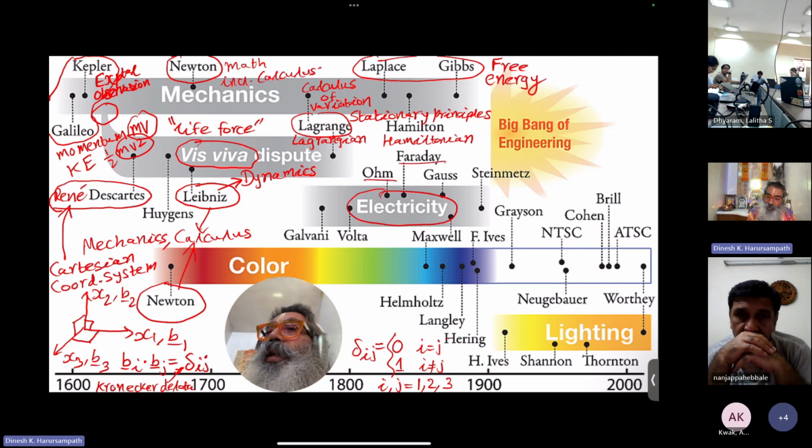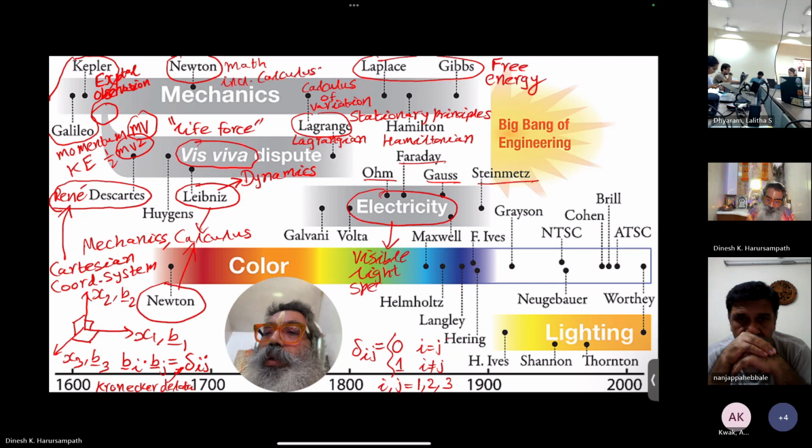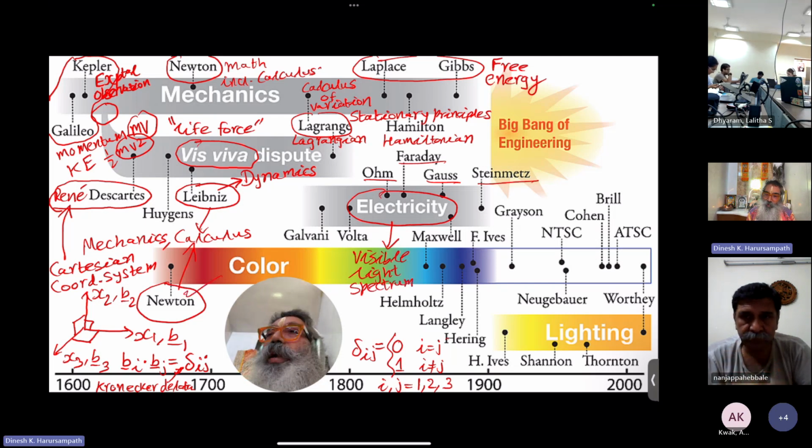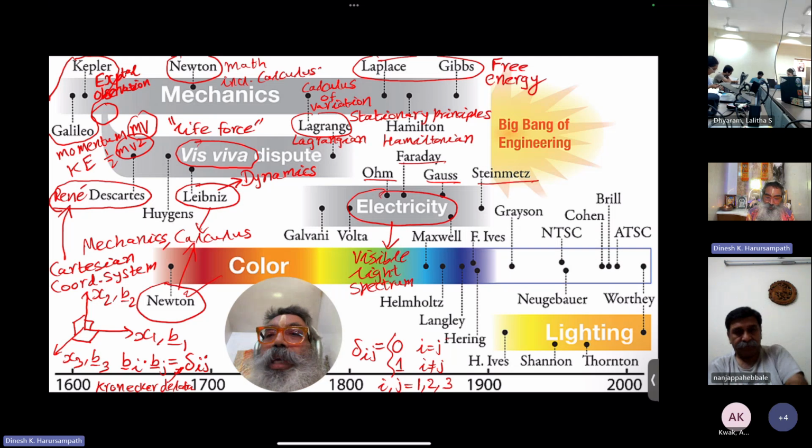Then you see Faraday, whom we already mentioned, Gauss, Staines, Siemens, and similarly, since the electromagnetic spectrum, part of it is the light, the visible light spectrum, quite a few people who worked on that are also of great significance. And Newton himself had his explorations in multiple fields, which is very important.